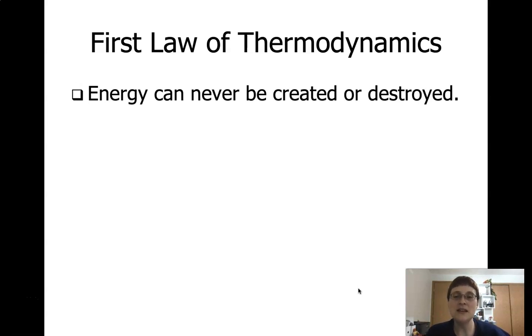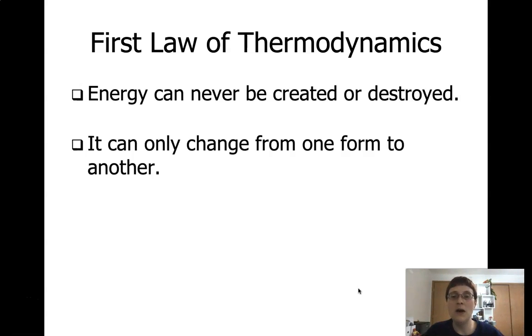So this is the one that says that energy can never be created or destroyed, right? So you can't just get free energy from somewhere, and you can't make it go away. What happens to it is it changes from one form to another. So that form is going to be that, you're taking it from kinetic energy to potential energy, or potential energy to kinetic energy, but it doesn't necessarily turn into the form that you want, right?